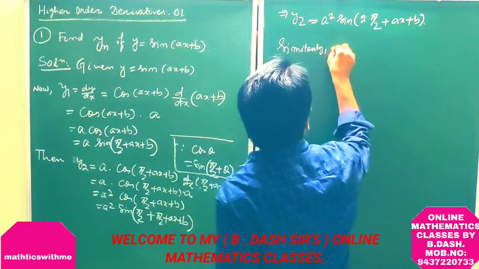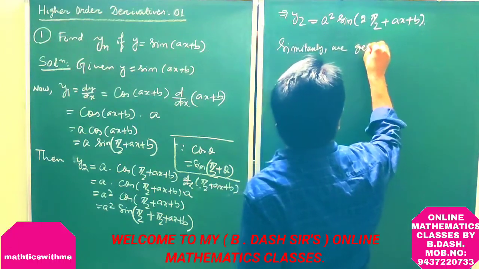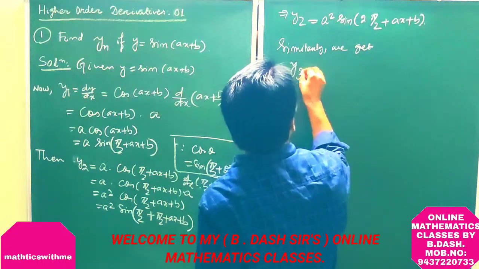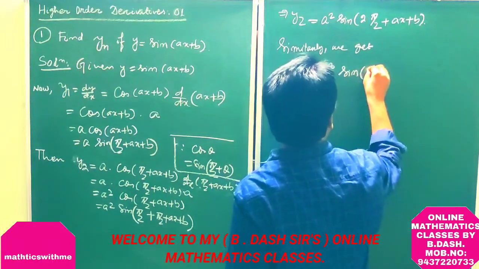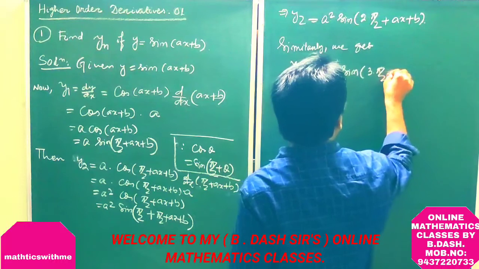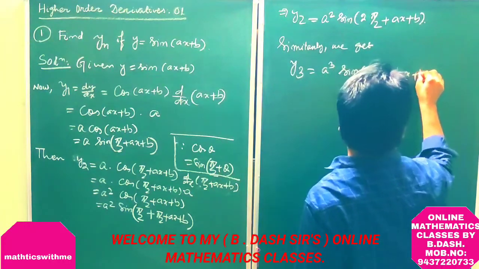Similarly, we get y3 is equal to a cube sine of 3 pi by 2 plus ax plus b.